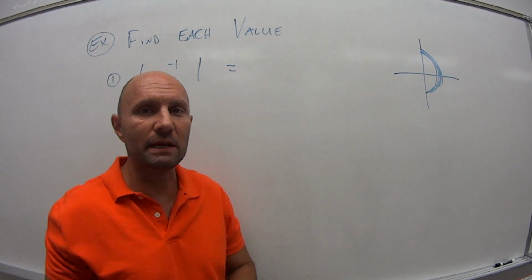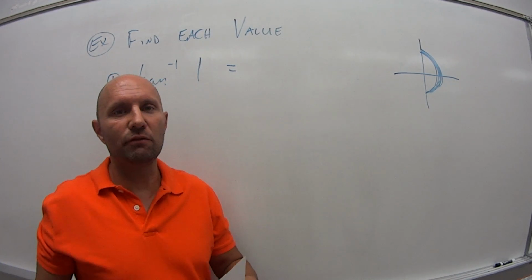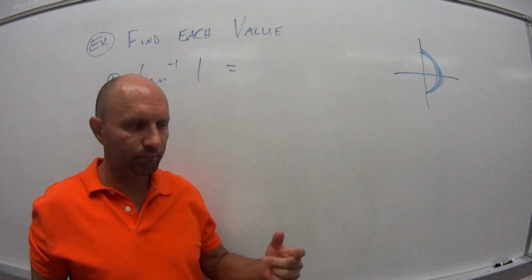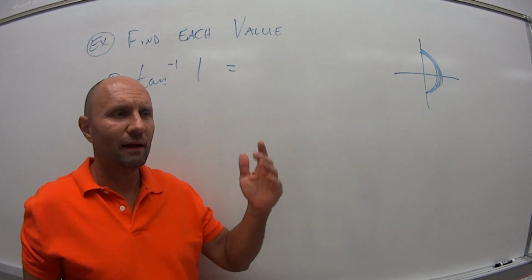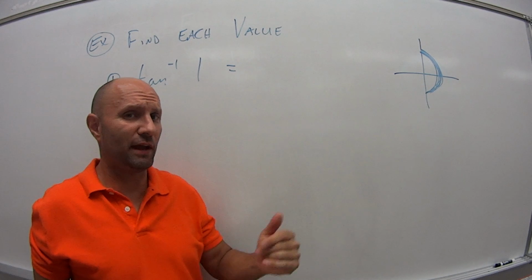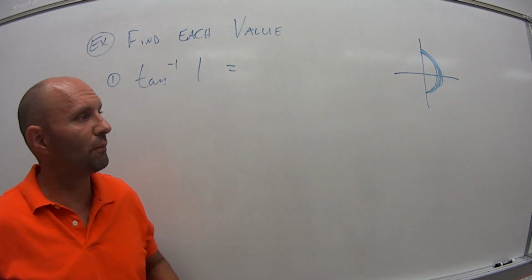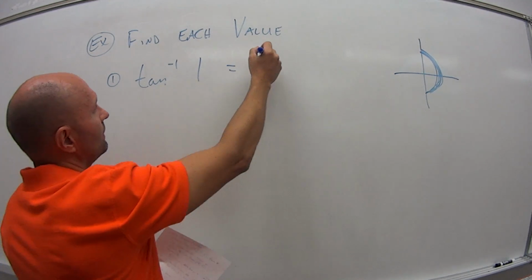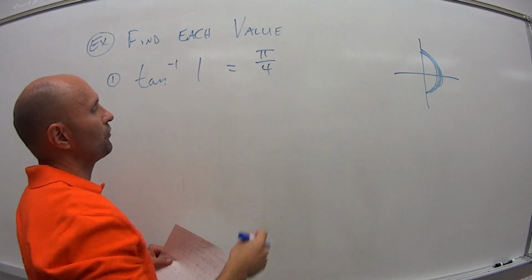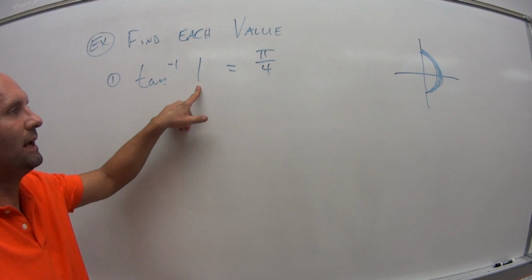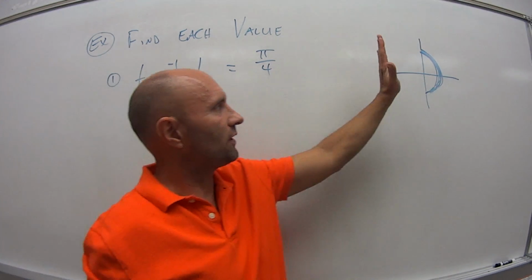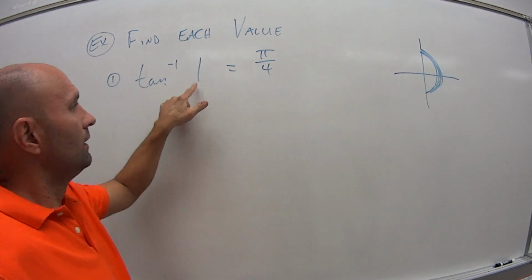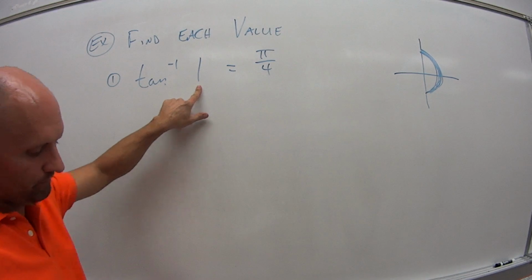So again, hopefully on the blue sheet that I gave you guys where you could fill in the values, I told you to put in the values for tangent because we're going to be using those a lot throughout the semester. If you look, you'll see that at our radian measure of pi over 4, tangent is equal to 1. That's on the right half of the circle, and it's a positive 1.